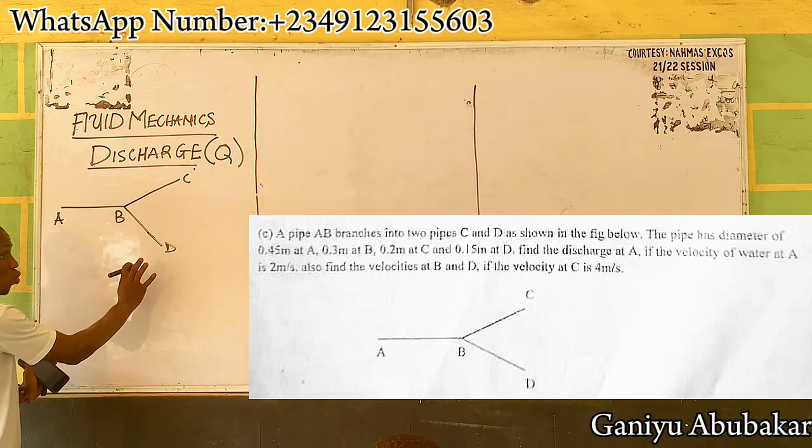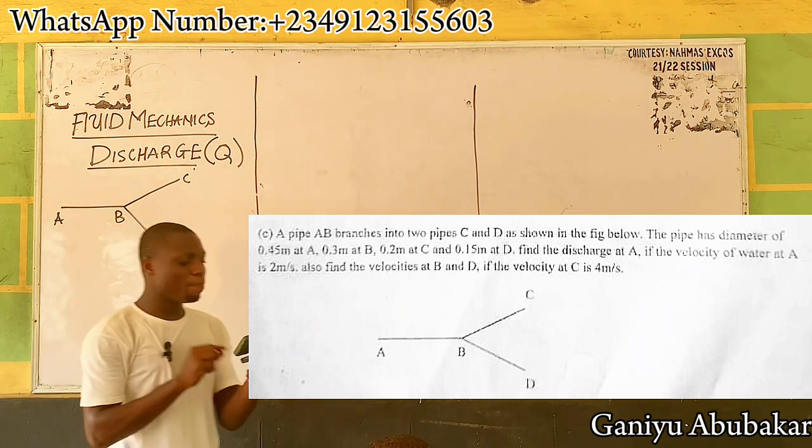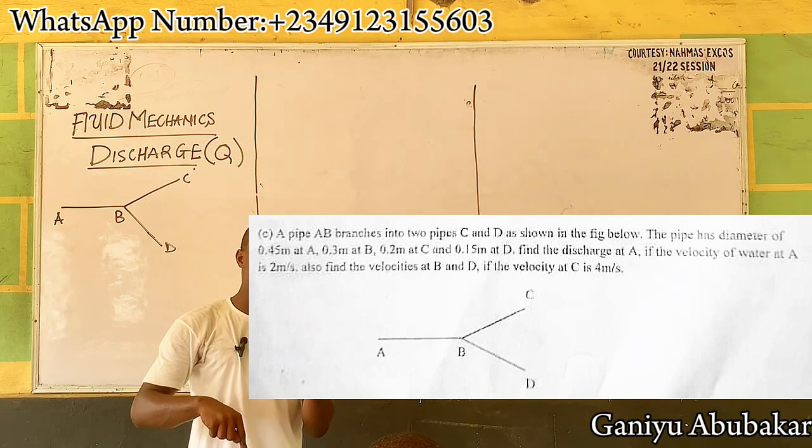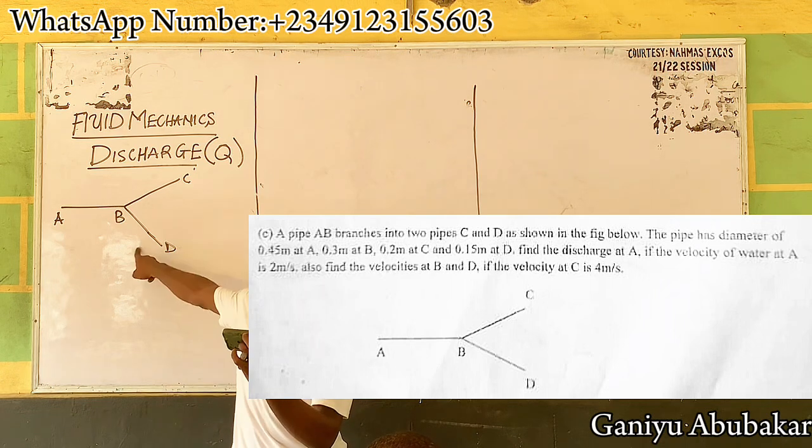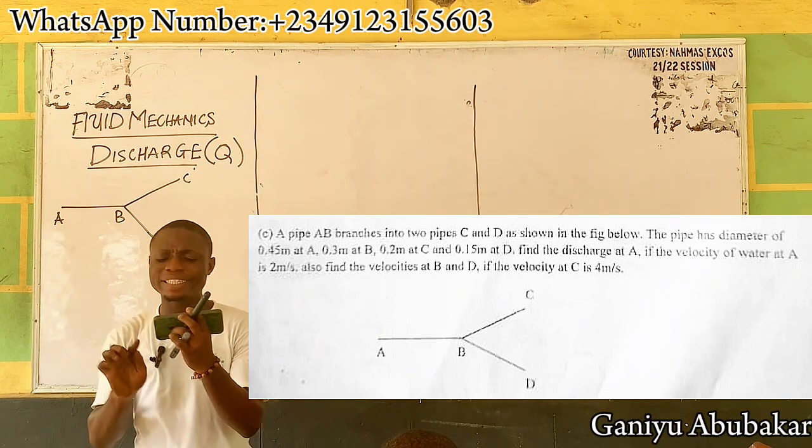Do not draw this here. I said a pipe AB branches into pipes C and D, as shown in the figure below.